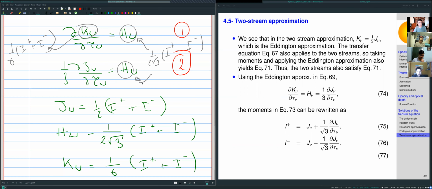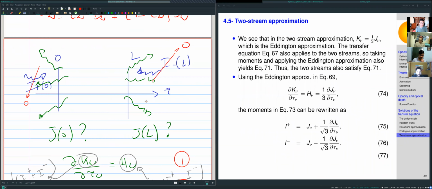So we have two equations that relate J and I plus and I minus, and I solve for I plus and I minus, okay? And then I go back here and I say, well, if these were two streams, then the amplitude of the streams going downwards here should be 0 if no radiation is coming from plus infinity.